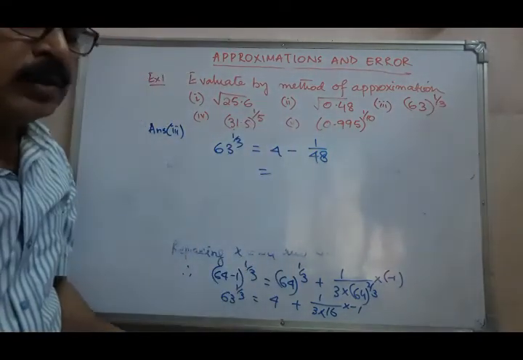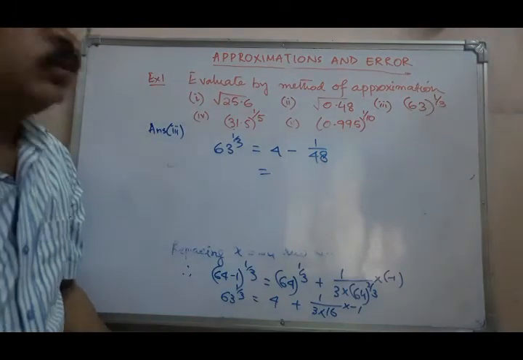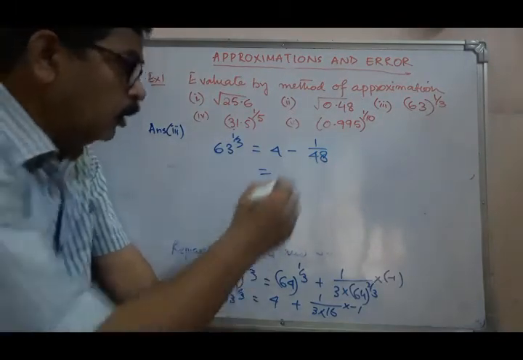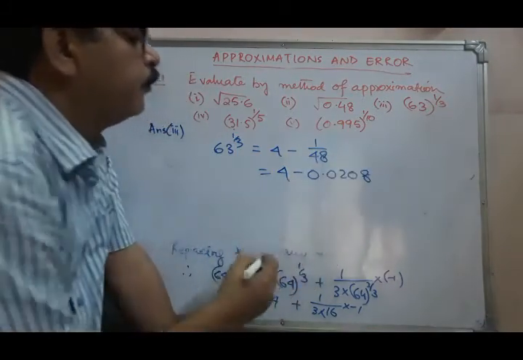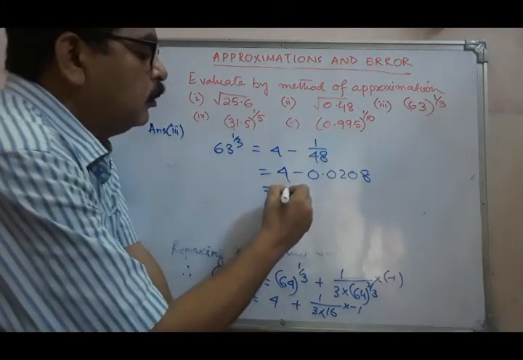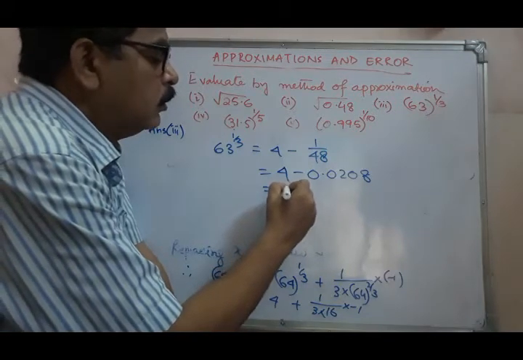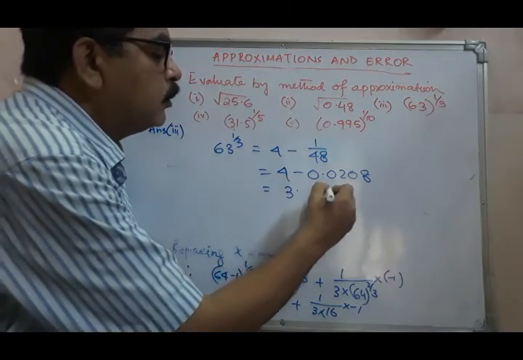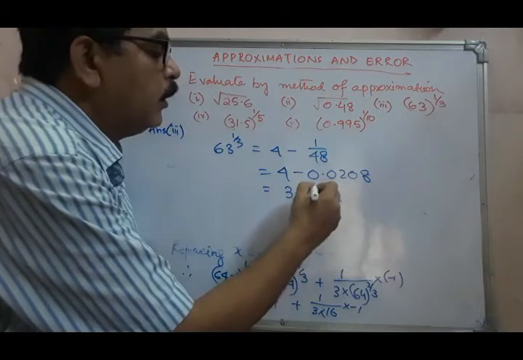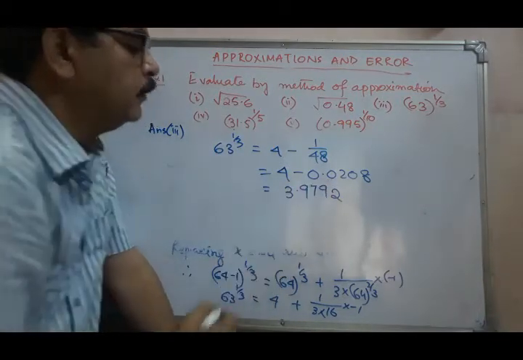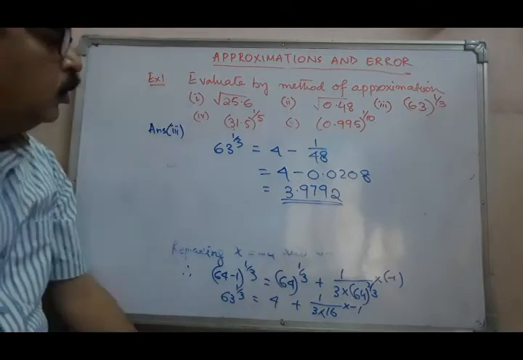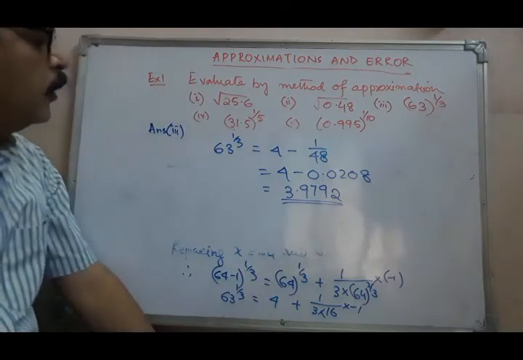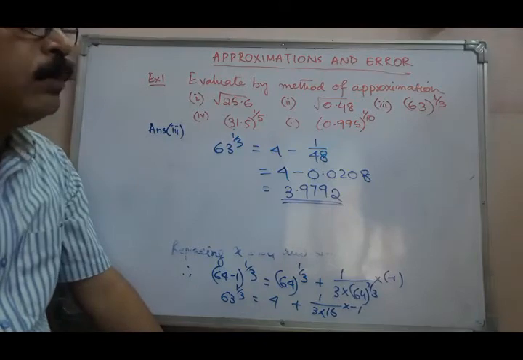With the help of a calculator we get 4 minus 0.0208. So the final answer will be 3.2979. This is the approximate value of 63 to the power 1 by 3.